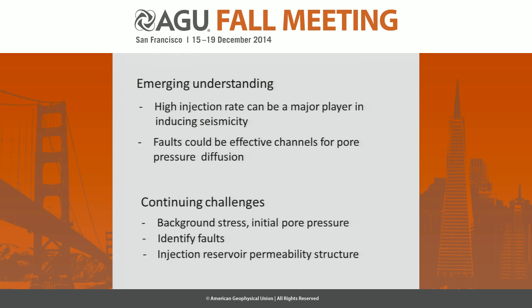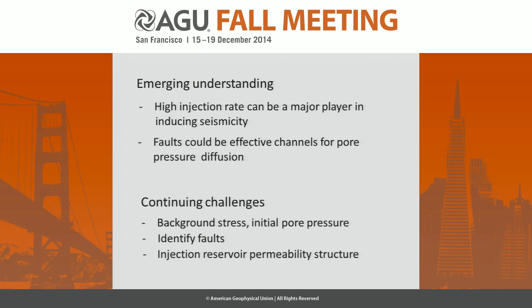And so now the continuing challenge is the background stress, which I could probably skip now because Mark and Austin mentioned it quite a bit. The background stress and initial pore pressure, and their spatial distribution, are critical, and we should have a really clear picture of what they are. Then we need to identify faults, and I think Oklahoma is doing great in that direction.